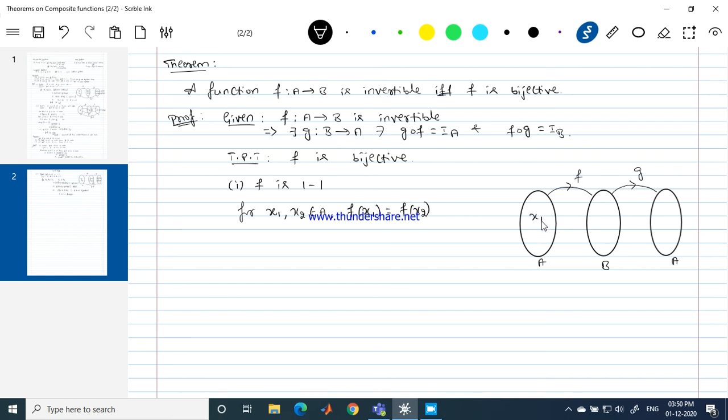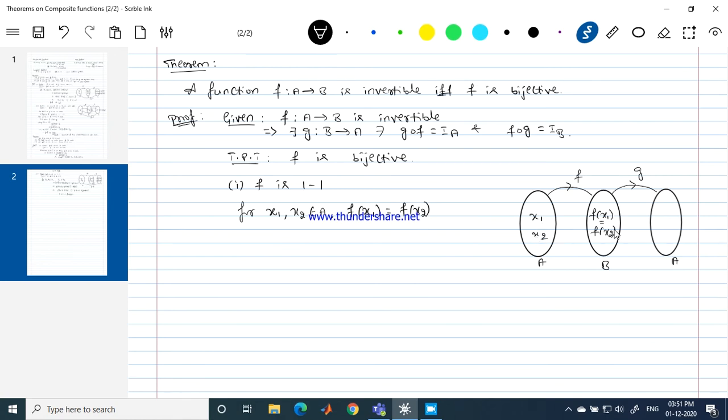Now x1 and x2 are taken from the set A. I am assuming F of x1 equal to F of x2. Okay, so for x1, x2 belonging to set A, I have assumed that F of x1 is equal to F of x2. Here I need to show that x1 is equal to x2.